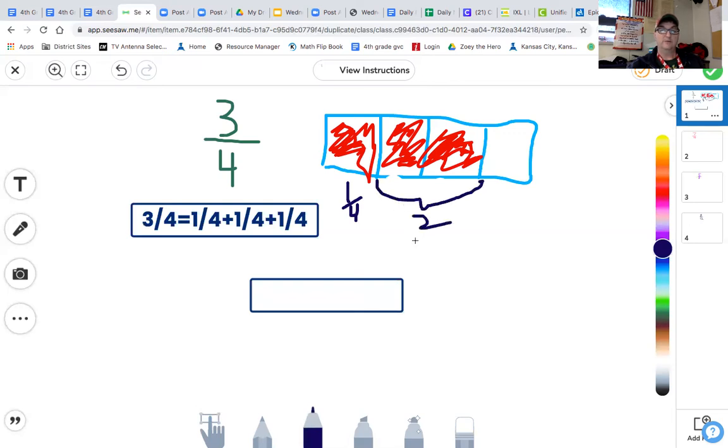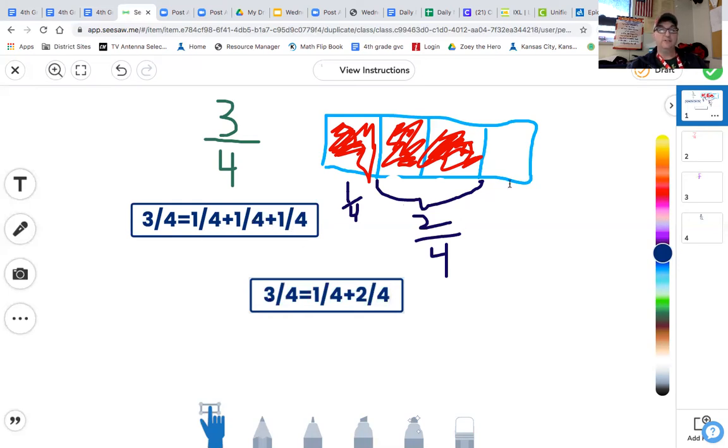Now we've got 2/4 there. So now we've got 1/4 and 2/4. So you could type in your box 3/4 equals 1/4 plus 2/4. All right. So that shows two ways that you can decompose 3/4. First, using the unit fractions, and then any other way.